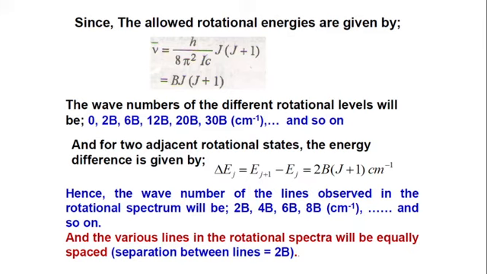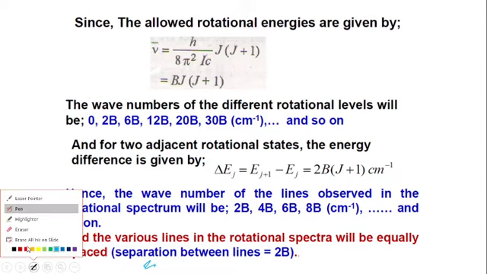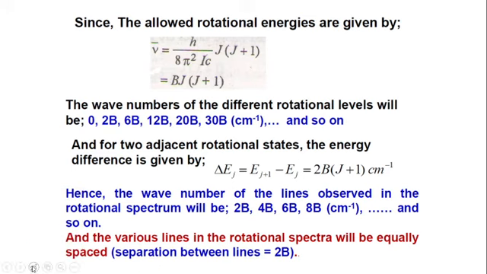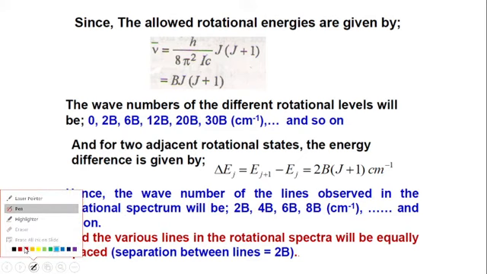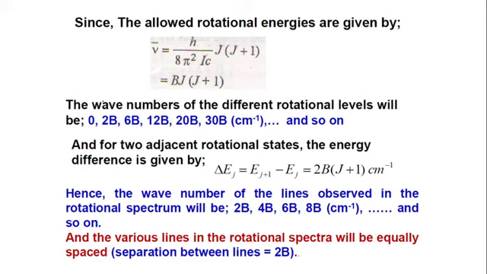Since the allowed transition energy is given by the wave number formula, the wave number is equal to h upon 8 pi squared I C times J(J plus 1).